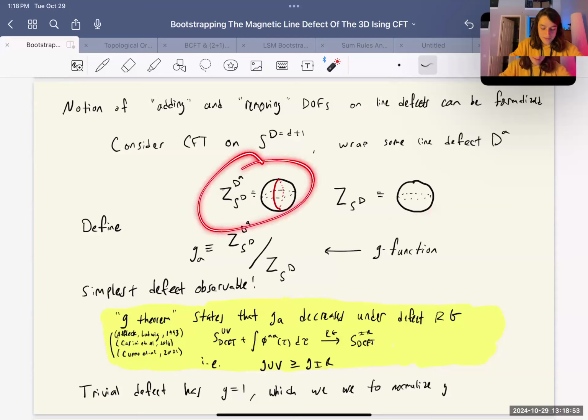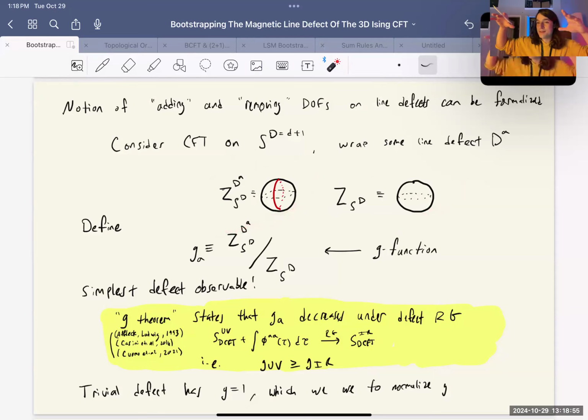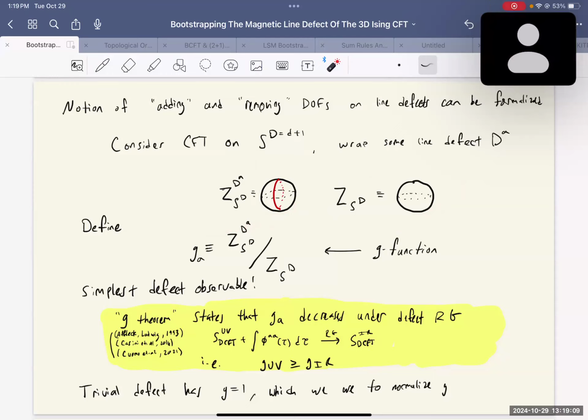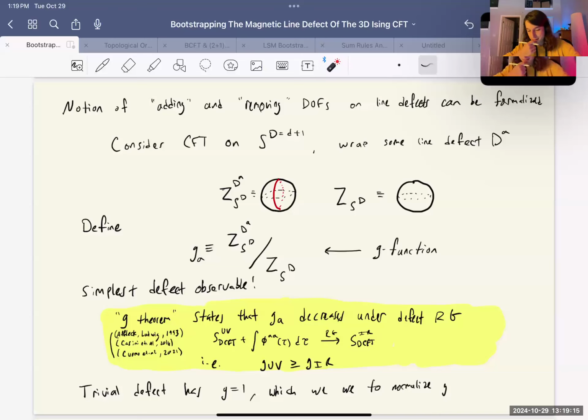If I add the defect and do a bulk and defect RG flow, it feels like there should still be some kind of result like this, which would be pretty cool. I agree. Maybe you can just show that that left thing is also an RG monotone. Yeah, that's what I would like. I should try to think about that. Okay, anyway.